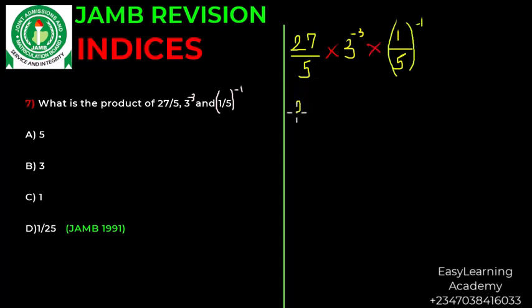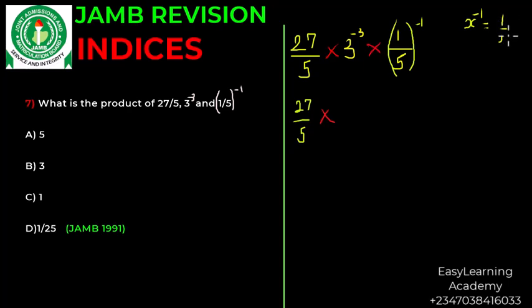Let's keep solving. That's 27 over 5, and let's have a multiplication here. Now for the 3 raised to the power of minus 3, of course we know by now in the law of indices, x raised to the power minus 1 is equal to 1 all over x.